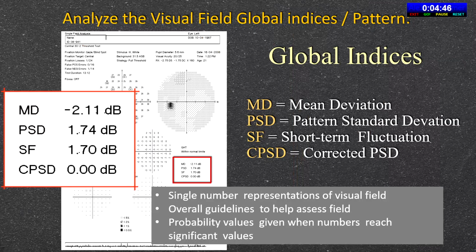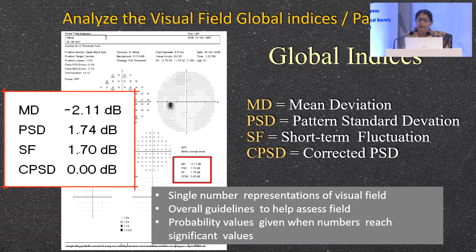Then the global indices are there. Various indices are available. Unless you use the threshold test, SF and CPSD are not there with the SITA test. It's a single number representation of the whole visual field and an overall guideline to assess the field.